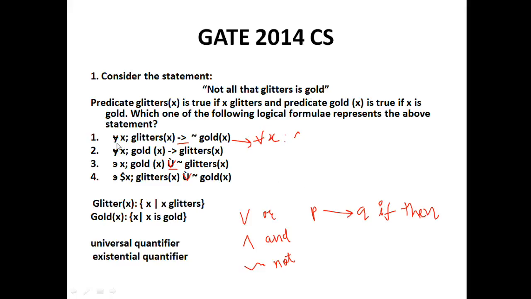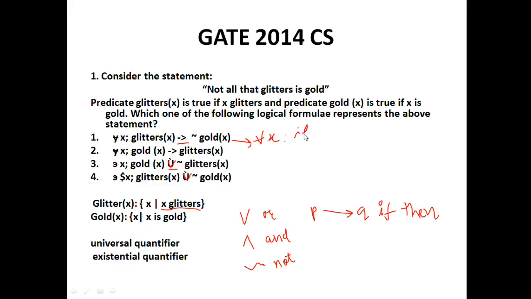So how will I say this one? For all x, if x glitters, from this same function, then gold is not true, or we can say then it is not gold.